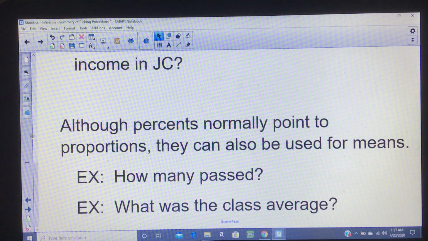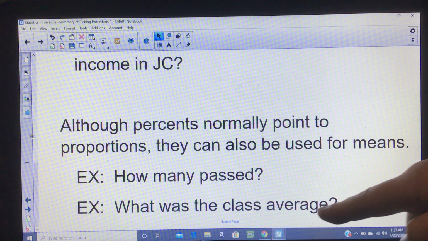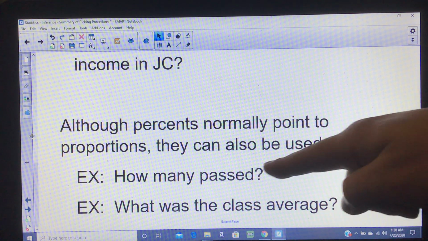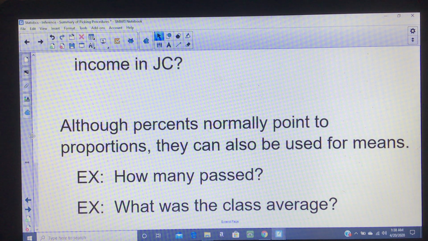And since there's this continuous set of grades that are assigned to them, and there's a certain number of people, we could basically go, well, what's the average of this class? So despite the fact that we're using percents in the problem, the percents are being averaged, they're being treated here as continuous quantitative data, where here they're being considered as categorical data.